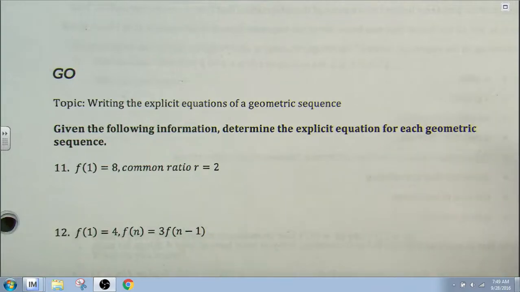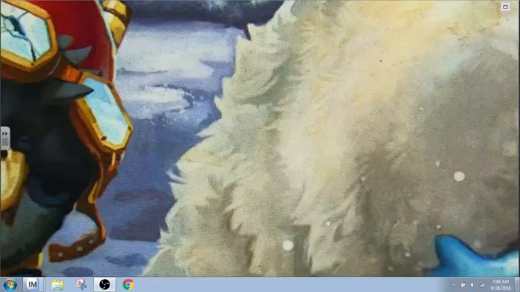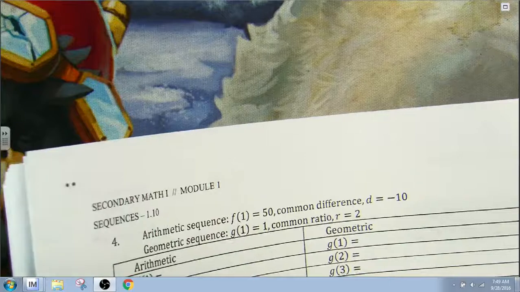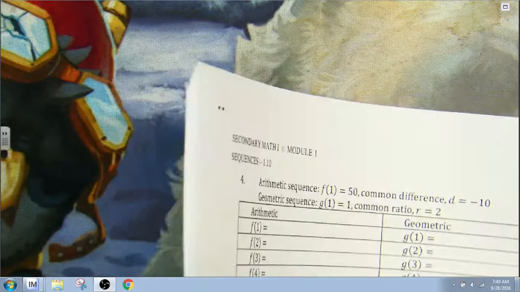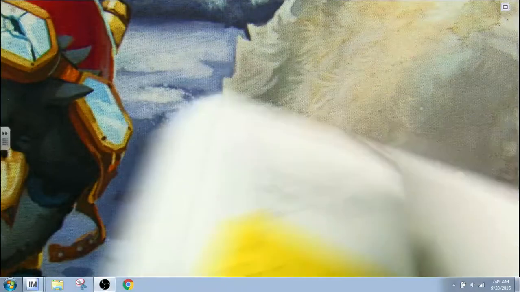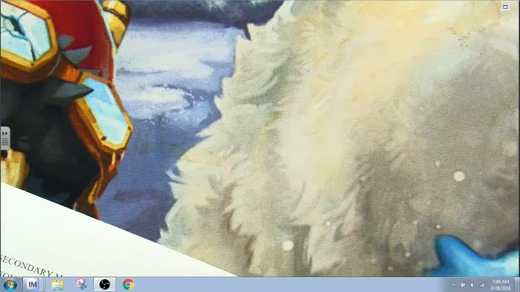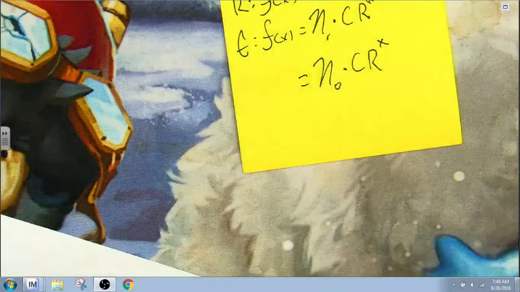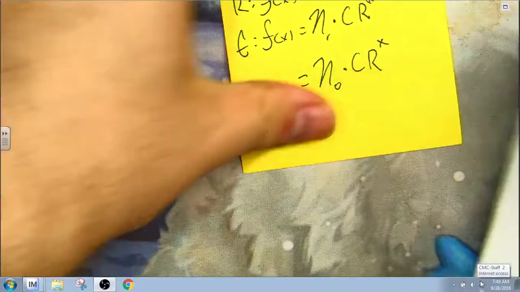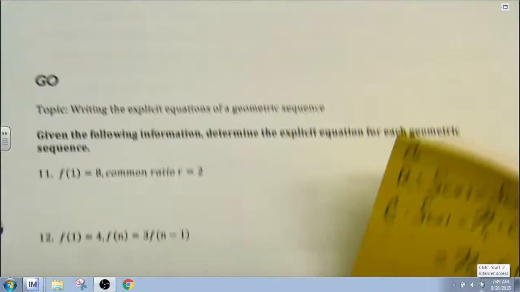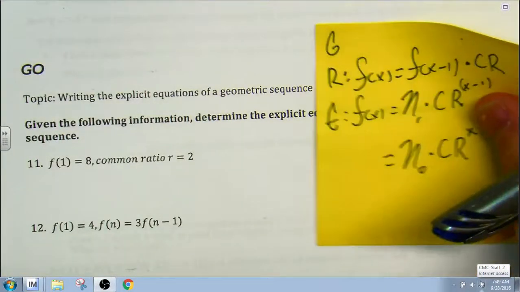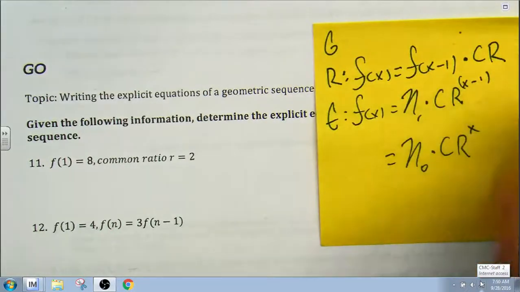And we know from so many previous Post-it notes, here, let me just find one real fast, because I know I have it. It's probably right here from yesterday. Oh, there it is. We know from so many previous Post-it notes how to find the explicit function of a geometric sequence.